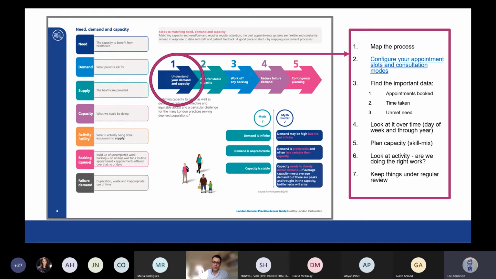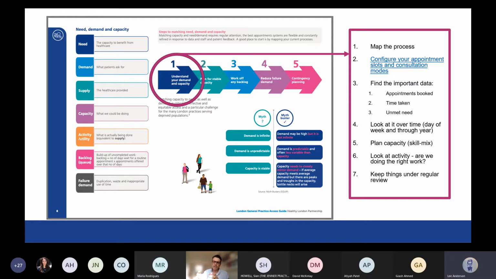The one that we never see in the data that I look at is face-to-face consultation, and you know, it's a lot of the work that we do. Telephone consultations seem to be quite well coded, but face-to-face ones are a bit of a mystery, and it's so important that we're consistently capturing these things. So appointment slot types are important, but consultation modes are really, really important, and make sure as a team you agree which ones you're using for which kinds of work, because that will do you lots of favors later on.